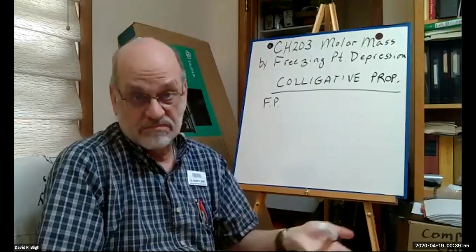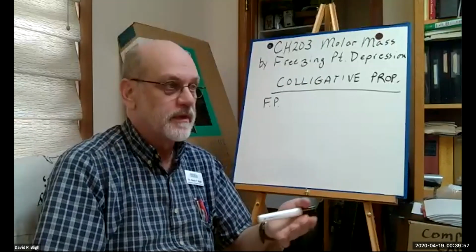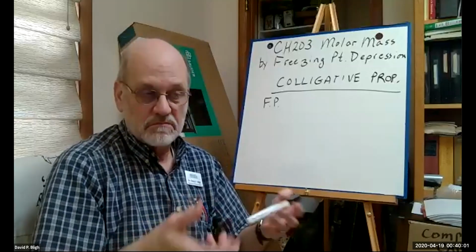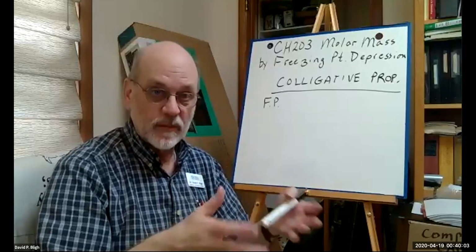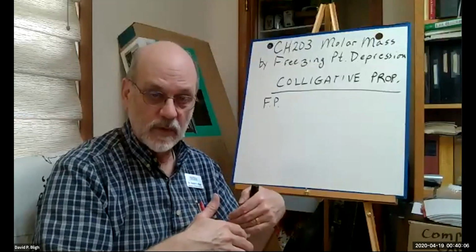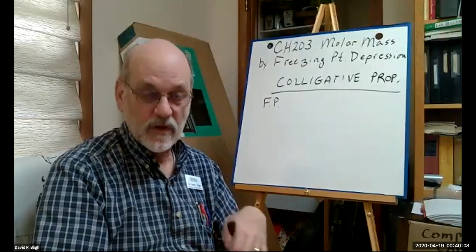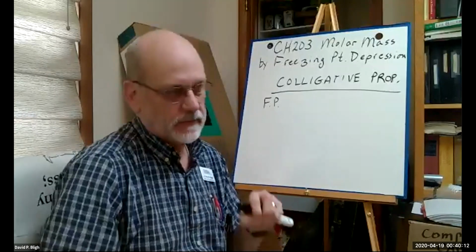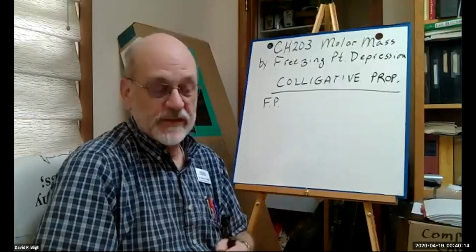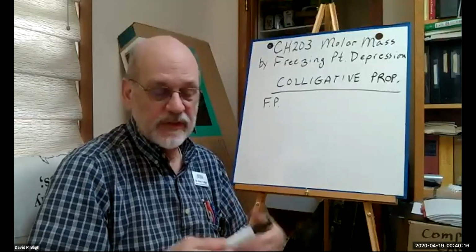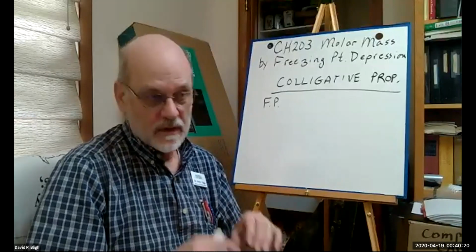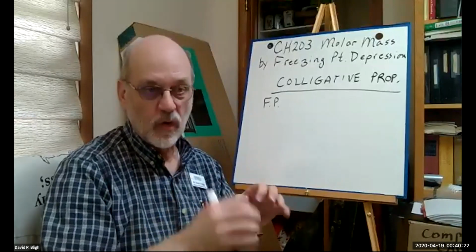But if we wanted to determine the molar mass of something else, we would dissolve it in lauric acid and determine the freezing point before we add it and after we add it, because we're interested in the difference in freezing point. So it's a colligative property because it works for benzoic acid, and it would work for anything else, and the same property holds.